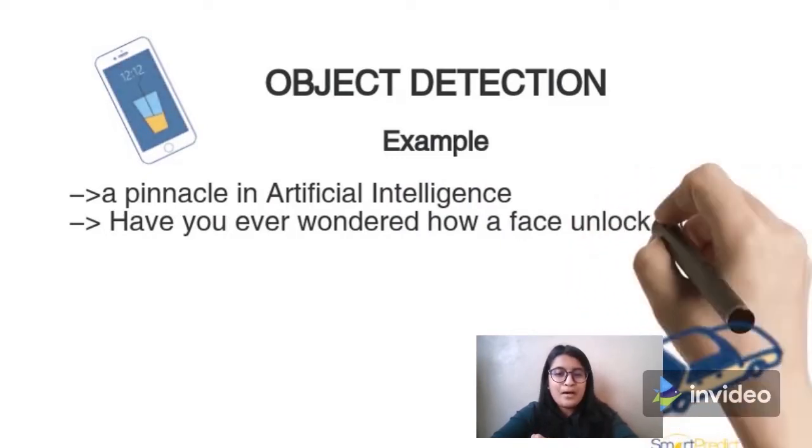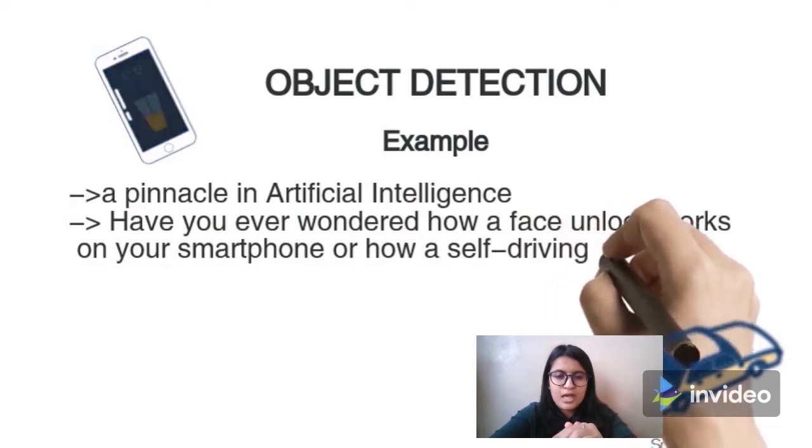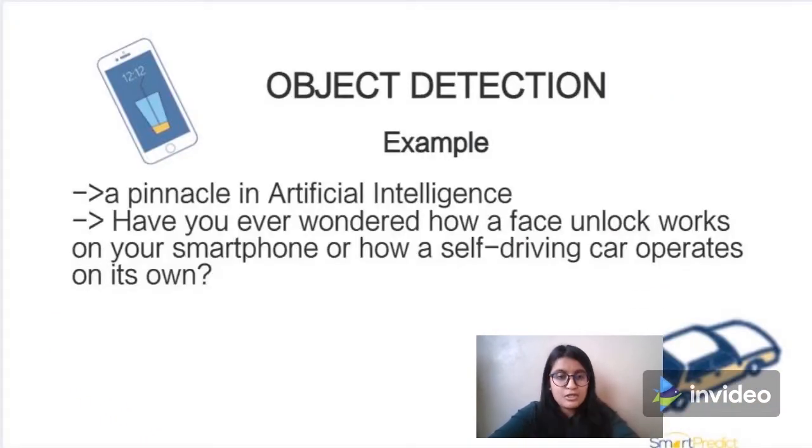We have different departments and systems which already use this, such as traffic tracking systems or activity recognition, and even sentiment analysis through object detection is possible nowadays.